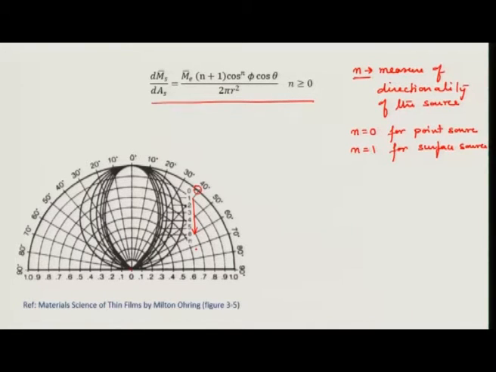Now, let me give you an example of a highly directional source, and these sources are called effusion cells, and they are specially designed such that you get a very directional source for very specific purposes. So, an effusion cell looks something like this.